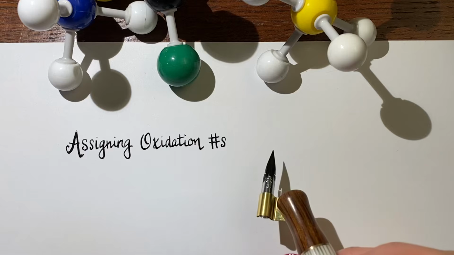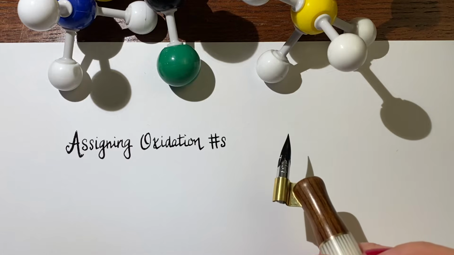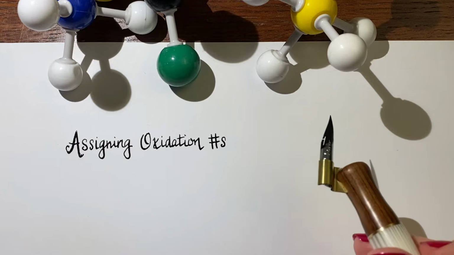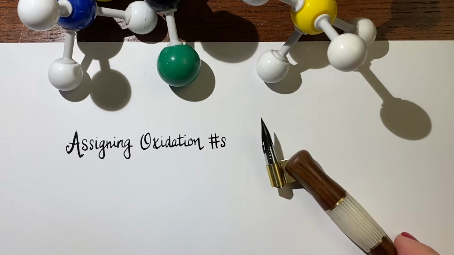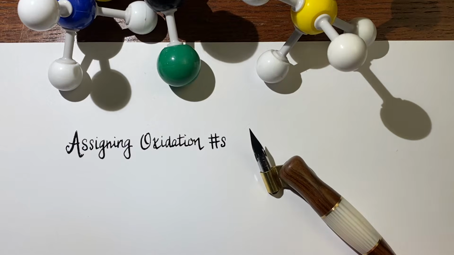And oftentimes it's good to refer to the periodic table. So you know what? I think I'm going to go grab my periodic table and let's look at it together.